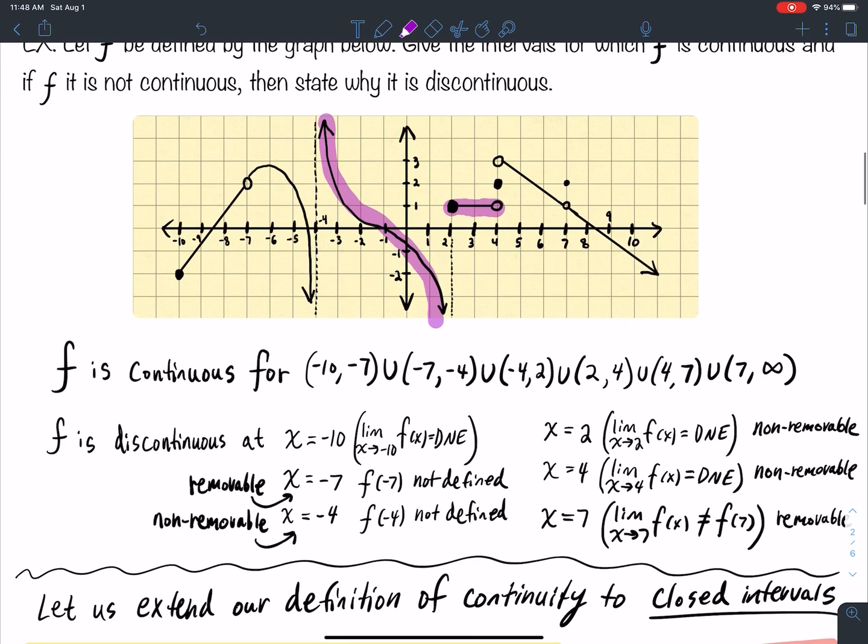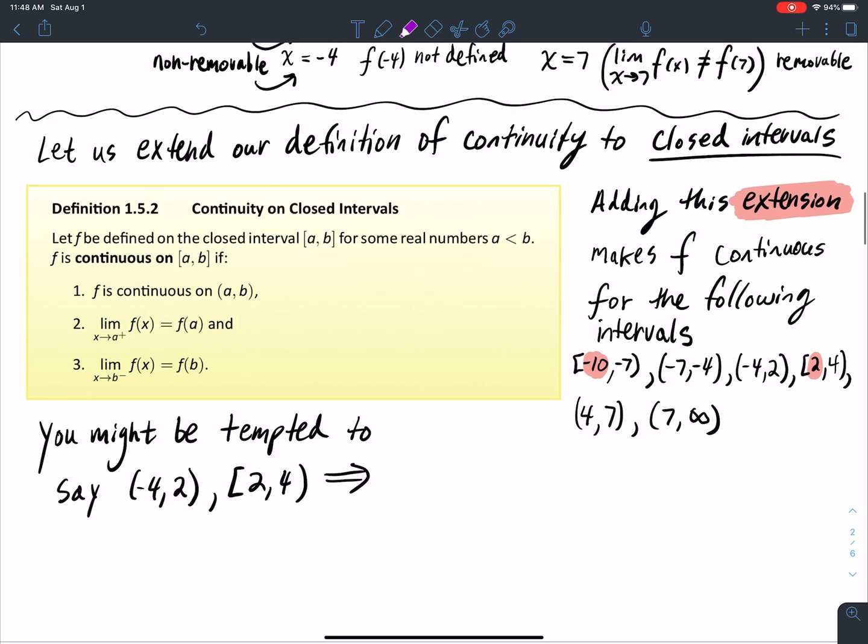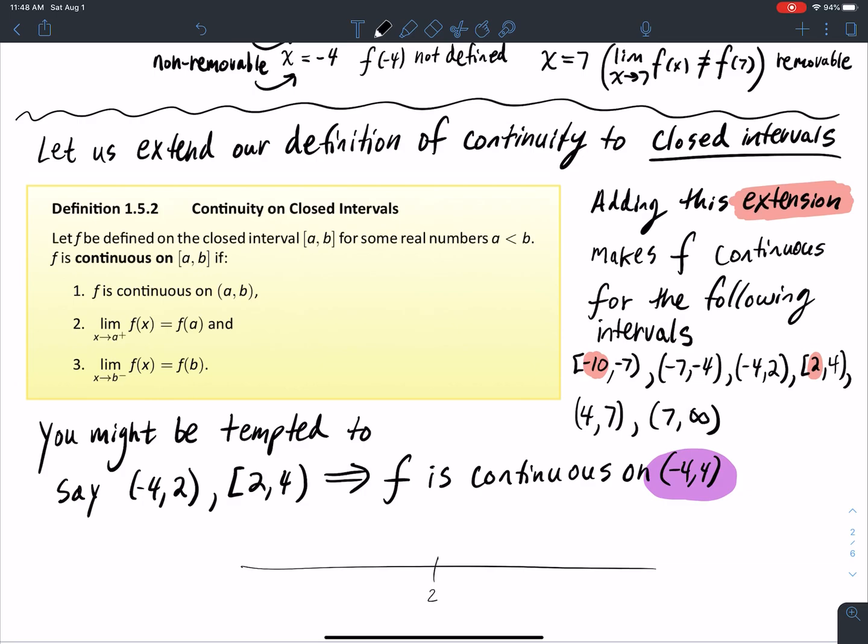Now, the problem is if I try to combine these two, and I say, well, if I look at a number line and I have 2 here and negative 4 here and 4 here, this is open here, but then it closes here, so therefore we're good all the way through. That might be a temptation. Don't fall for that temptation.